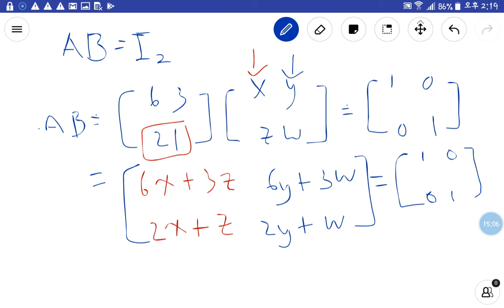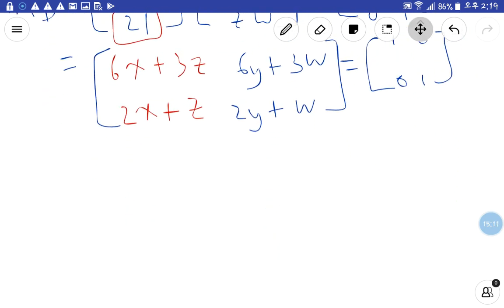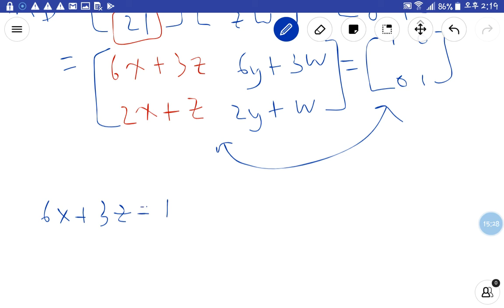And do you guys remember what I mentioned at the very beginning of this chapter? Matrices are deeply related to how to solve a system. Since these two matrices are exactly identical, I can rewrite this as 6x plus 3z equals 1, right?